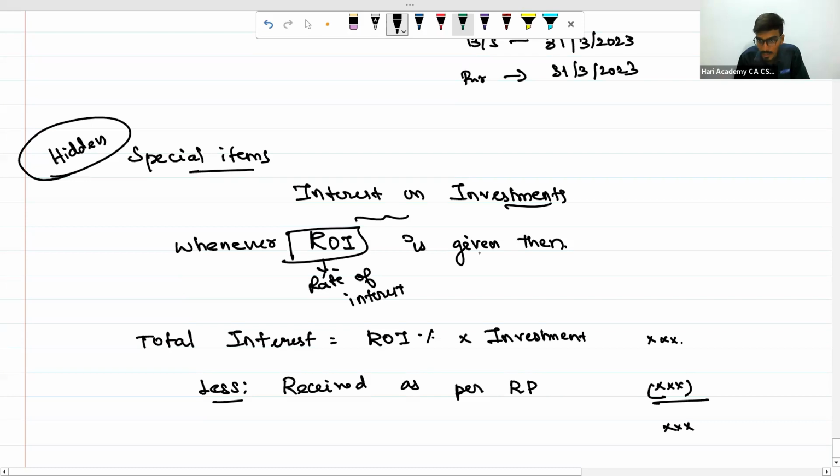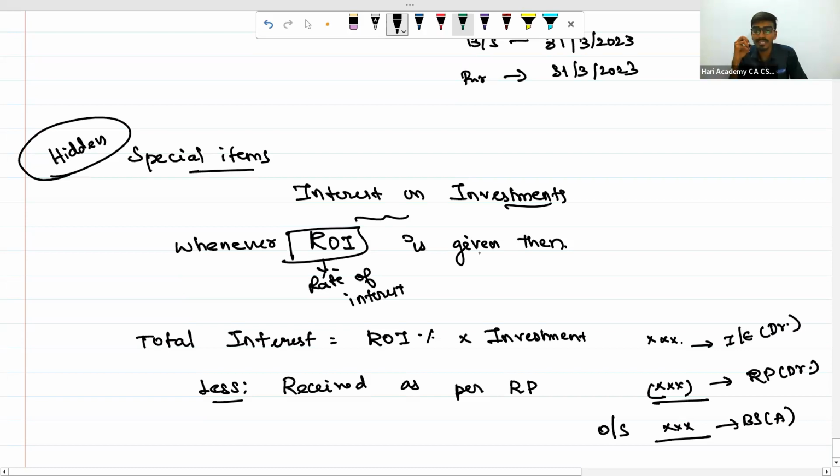Then you will be able to find the outstanding value. That outstanding should be transferred to the balance sheet on the asset side. The received amount is on the debit side of the receipts and payments account. The total value you calculate can be carried forward to the income and expenditure account on the credit side.